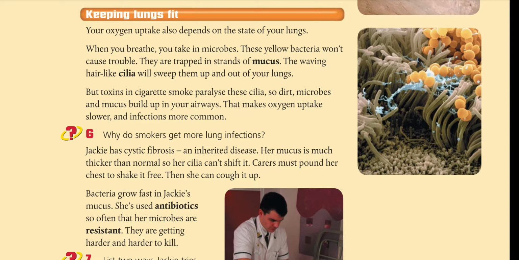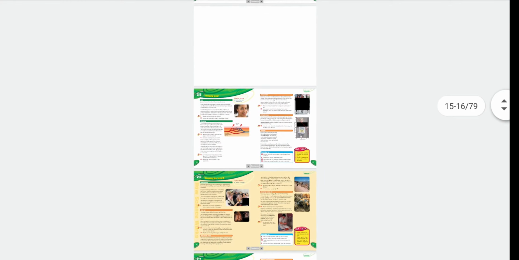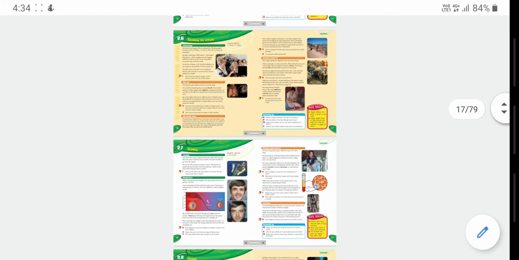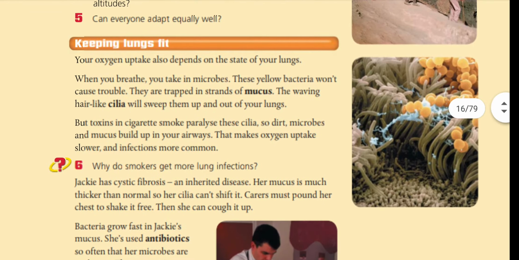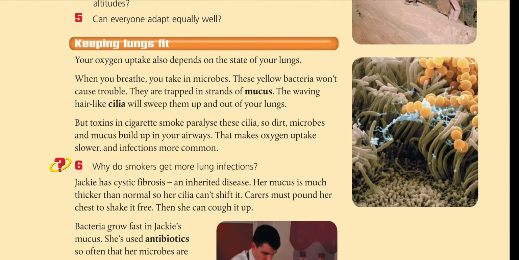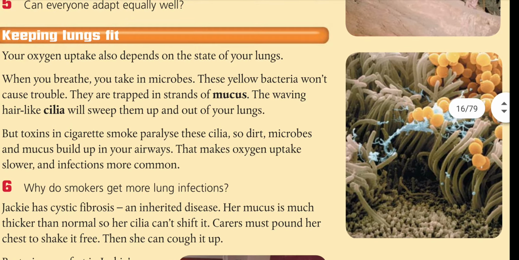And because of what? You can see here the yellow bacteria inside the microscope. When we see this yellow picture down here, the yellow bacteria, it speaks about, I'm sorry, it speaks about the mucus. Yellow bacteria here will not cause any trouble by themselves, but here they are trapped in strands of mucus.